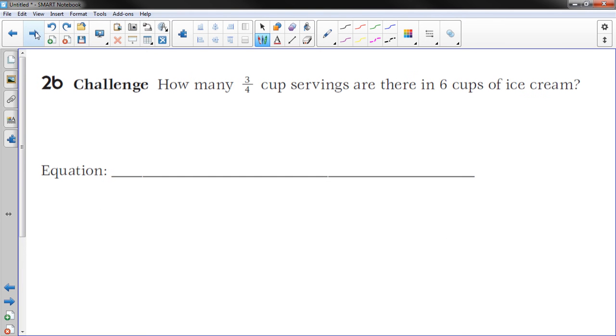All right. How many 3/4 cup servings are there in 6 cups? All right, so same thing. Draw 6 things.